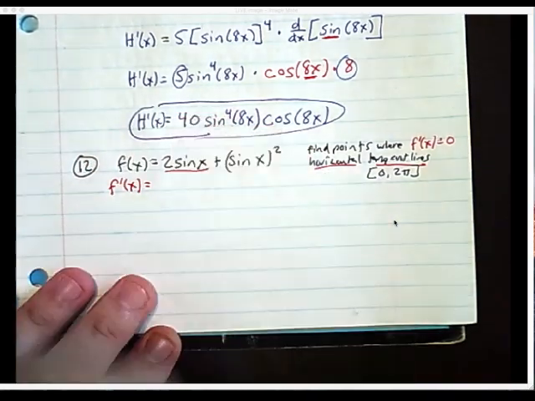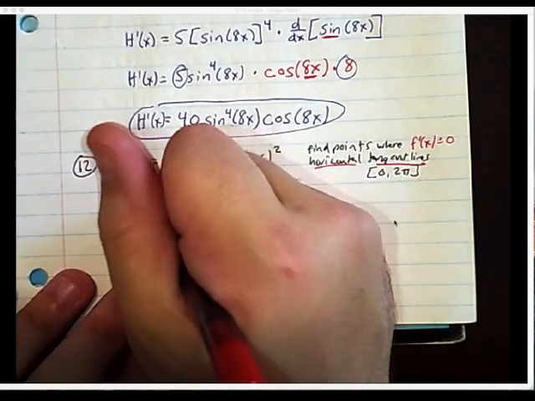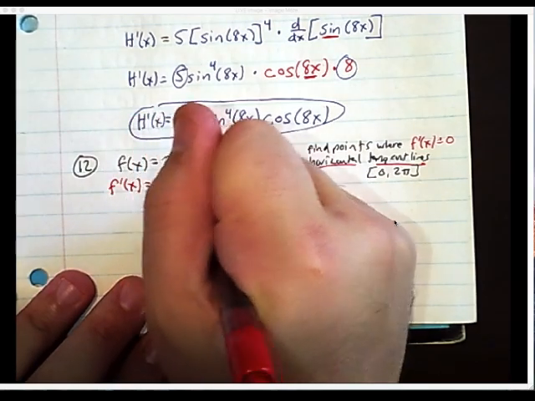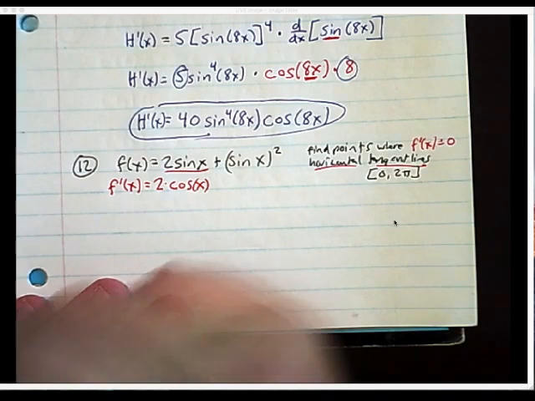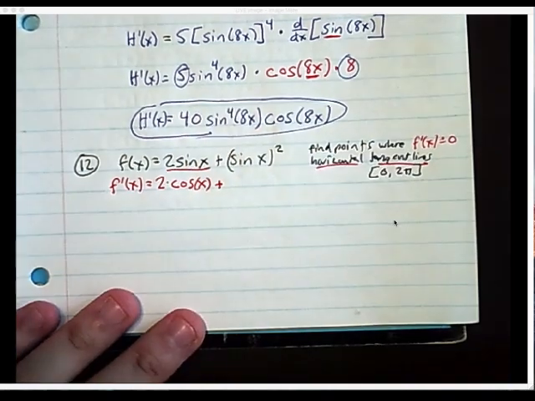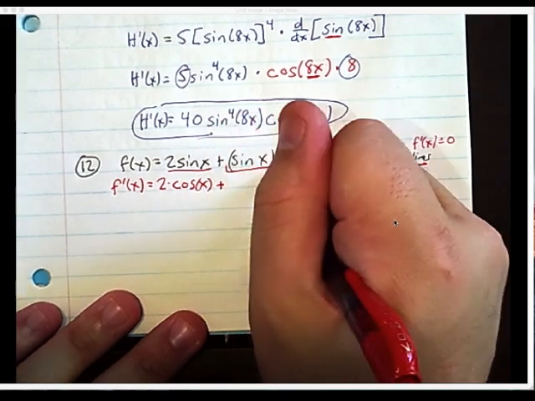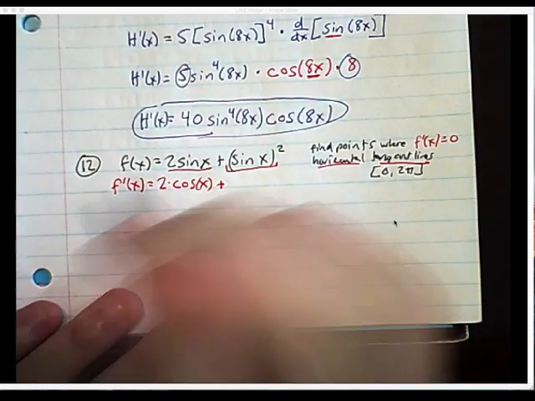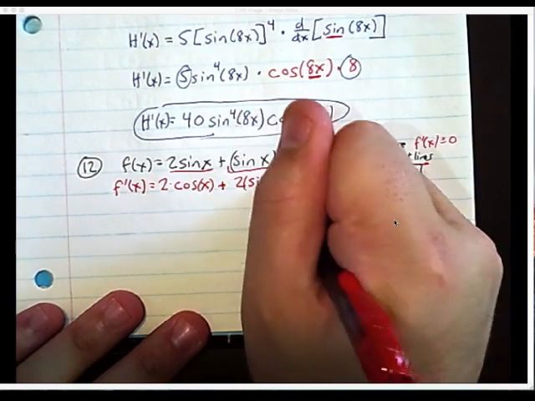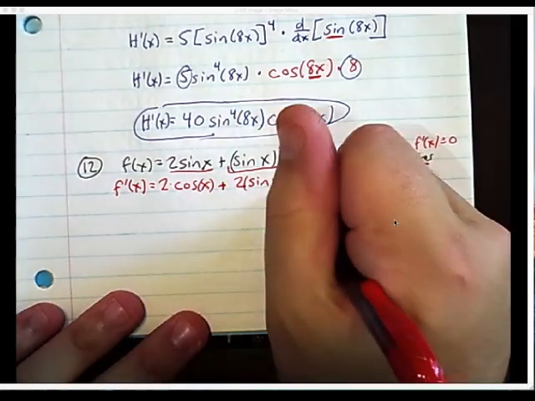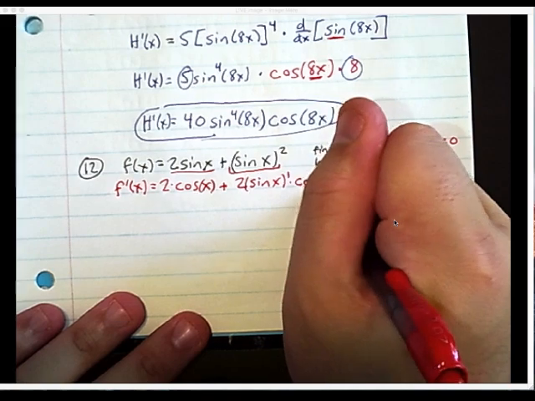Okay, so there's the first term. Let's take the derivative of it. 2 stays. Derivative of sine of x is cosine of x. Now for the derivative of the next part, you got to use chain rule. 2 comes out front. Power gets reduced times the derivative of the inside.